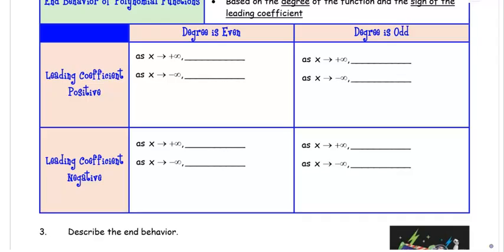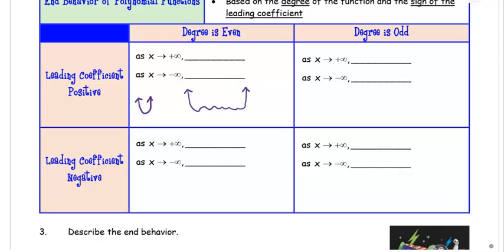If we think about degree being even and a leading coefficient being positive, think about a positive quadratic. That is an even degree, and a leading coefficient that is positive. A positive quadratic looks something like this. When the degree is even and the leading coefficient is positive, it's going to follow what a positive quadratic does. It can bump up and down as much as we would like in the center.